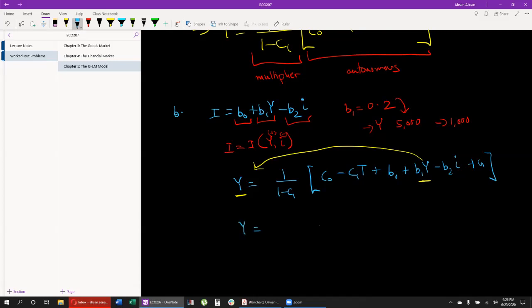Y equals, okay, 1 over (1 minus C1) times (C naught minus C1 T plus B naught minus B2 i plus G), plus what we have here is B2 (1 minus C1) Y.